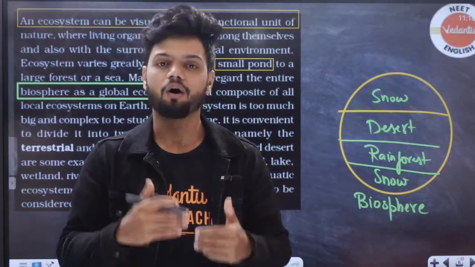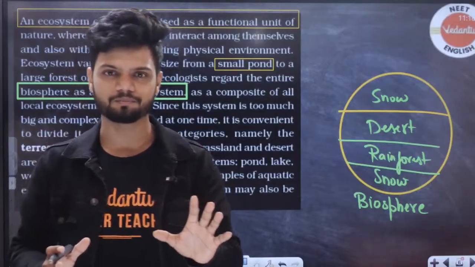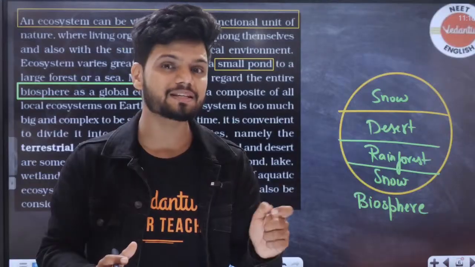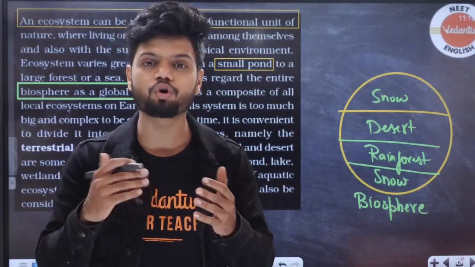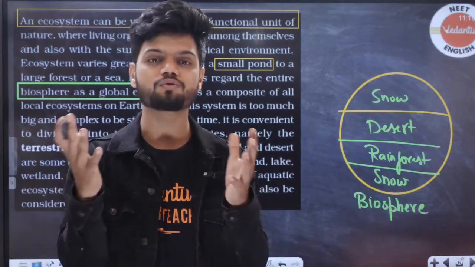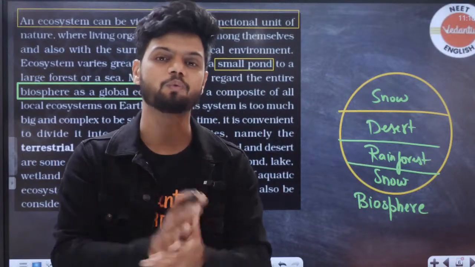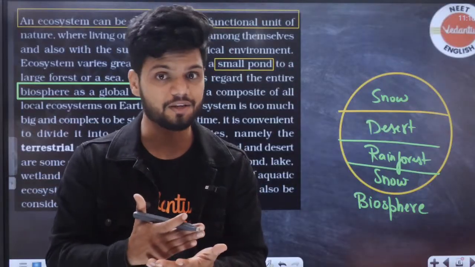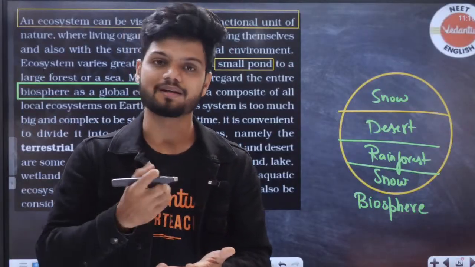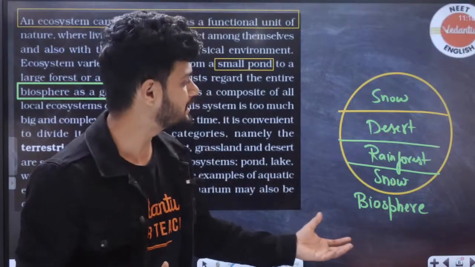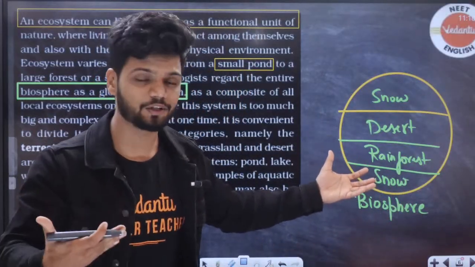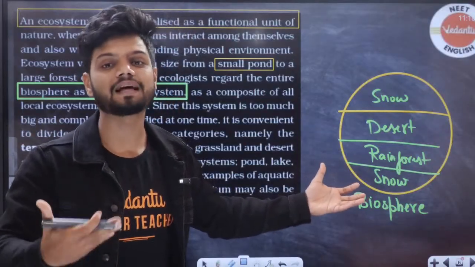Even in your class 10th or 12th, do we have multiple sections, section A, section B, section C? Yes, because it is too complex to gather all the students together and teach them at once. So we always have batches, we always have sections. Similarly, to make the process of studying the biosphere easier, we have different types of classification.